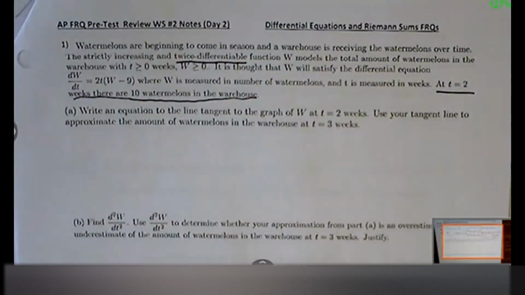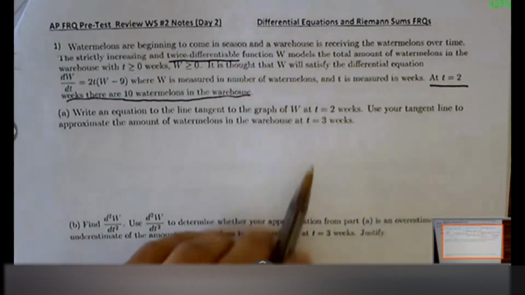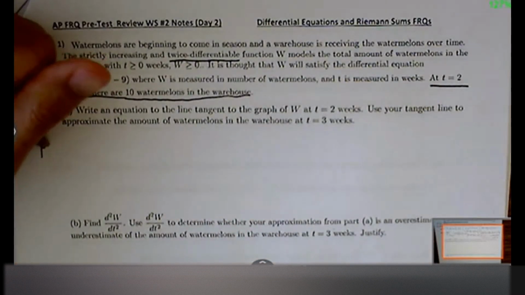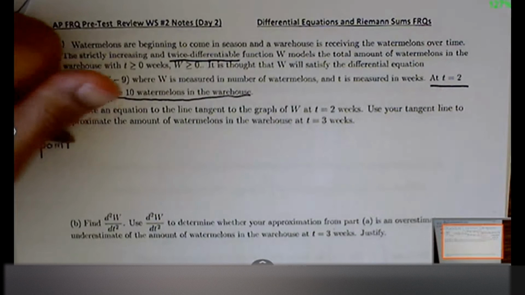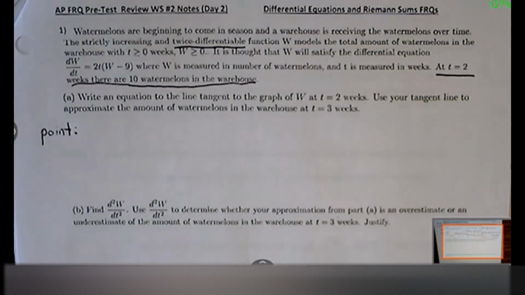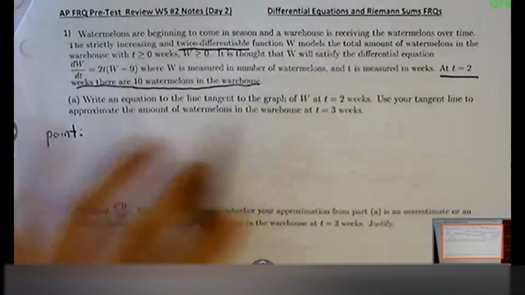Part A says write an equation of the tangent line to the graph at t equals 2 weeks. Use your tangent line to approximate the number of watermelons in the warehouse at t equals 3 weeks. So first things first, we're going to create our tangent line equation. We need an ordered pair, and then we need to find the slope.